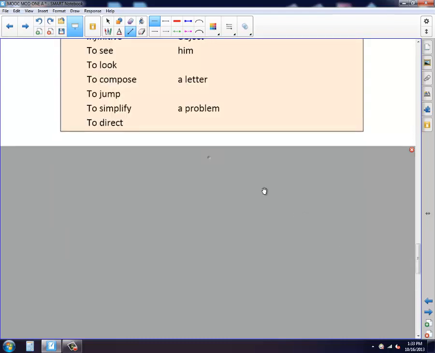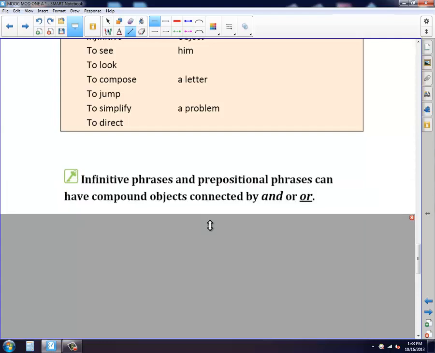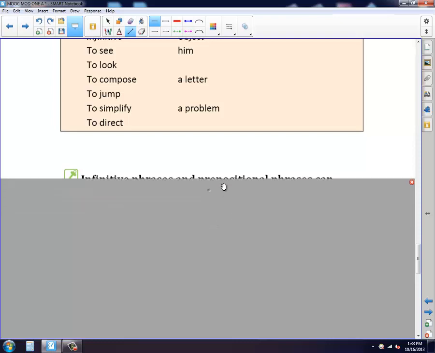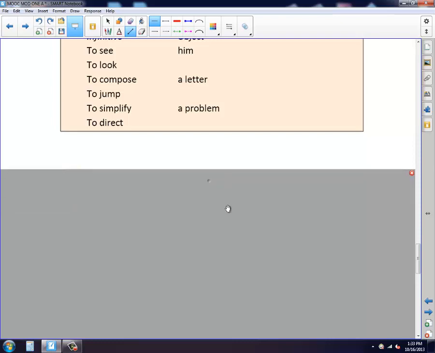Infinitive phrases are sometimes confused with prepositional phrases. However, prepositional phrases consist of the preposition to followed by a noun or pronoun, which is the object of the preposition, while the word to in an infinitive phrase is followed by a verb.